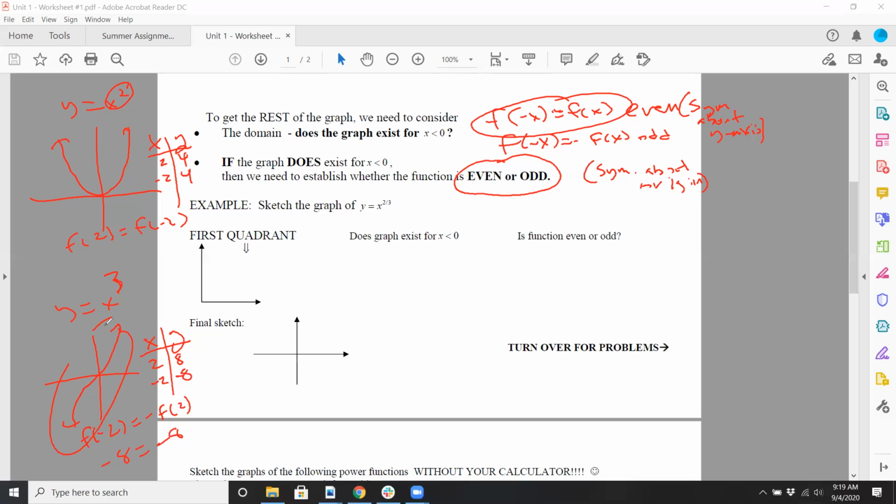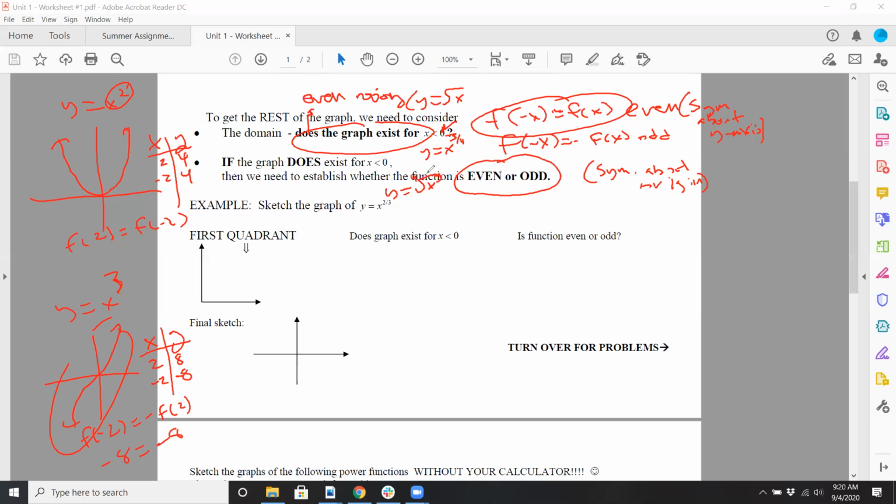Because if the domain doesn't exist, and you know the domain wouldn't exist if you're doing any even rooting, like y equals root x, or y equals x to the 3/4, because that's the 4th root of x cubed. Like, that's not okay. Your domain would not exist for less than 0 for that.